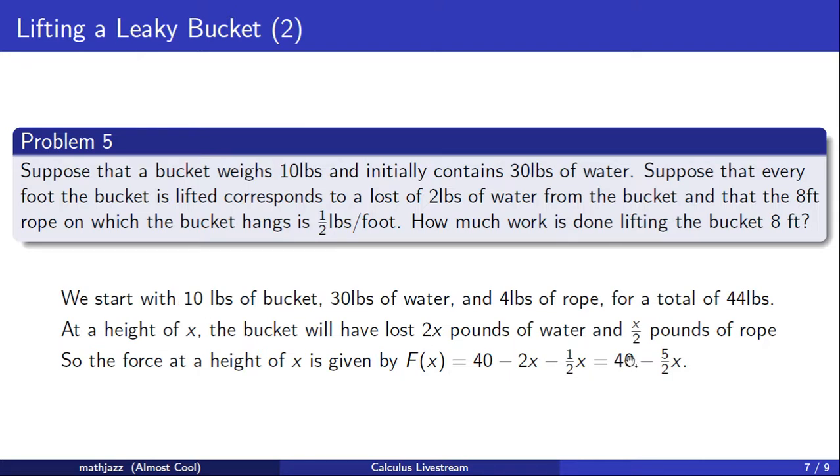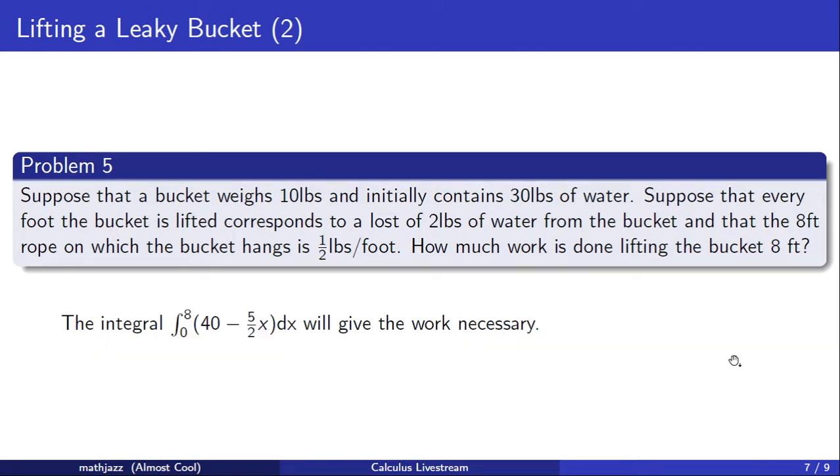That is another typo. I'm sorry. 44 pounds for the bucket, water, and the rope. So we integrate from 0 to 8 of 44 minus 5/2 x to get the work.